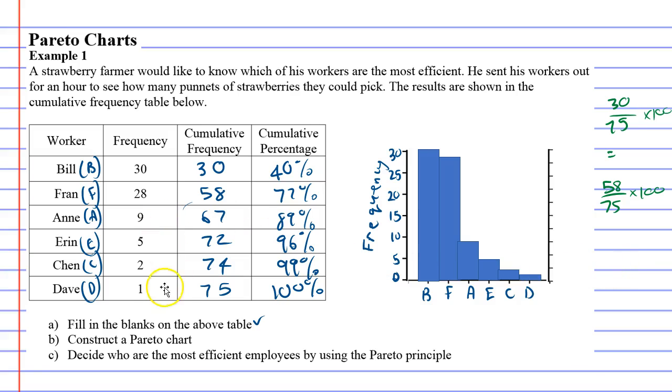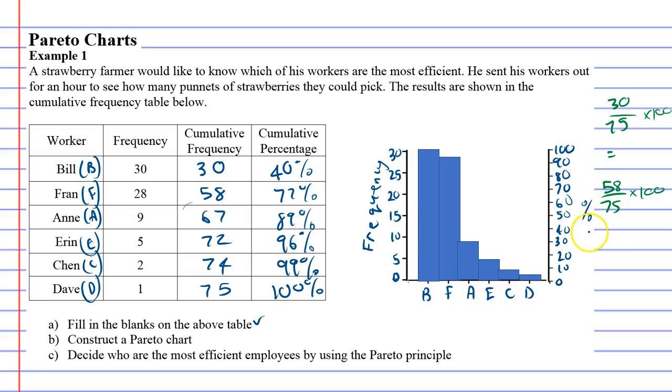Now on the right side, this is our percentages. So we'll just write percentage, and we'll go 0, 10, 20, 30, 40, 50, 60, 70, 80, 90, and 100.